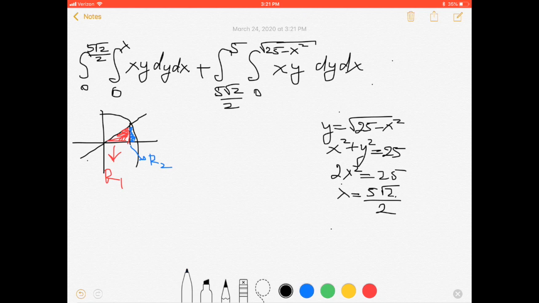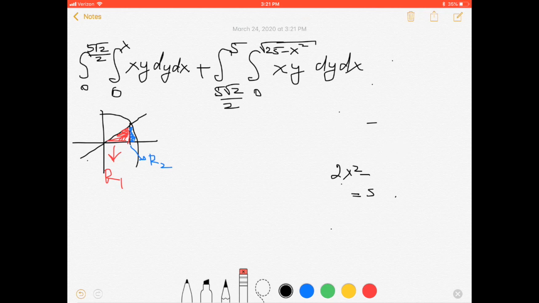Okay, I'm changing my color. First I'm clearing here. And what is our region R? It will be regions R1 and R2 together.